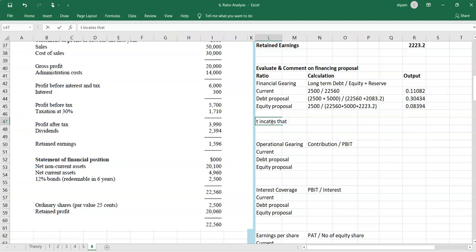It indicates that our debt equity ratio indicates that debt issue will increase the D ratio and equity issue will reduce the D ratio.